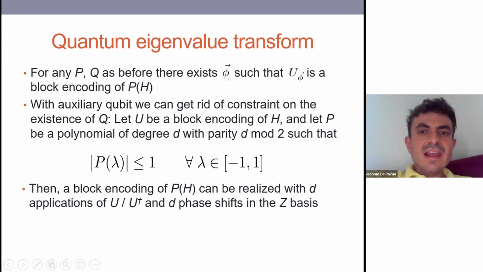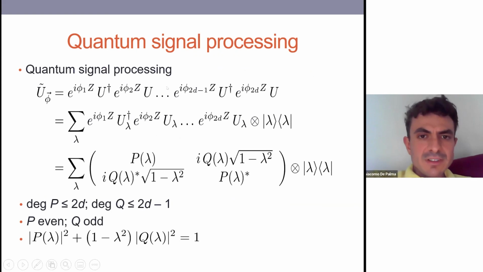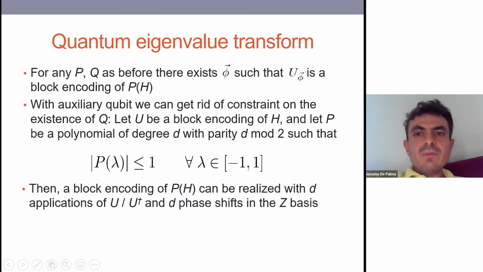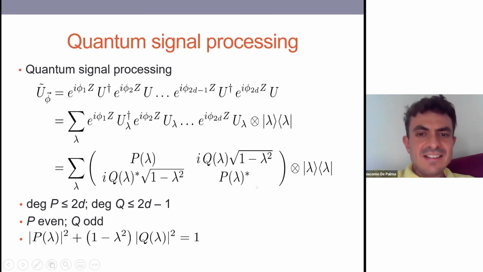then there will exist some phases to be put in here, such that U tilde has exactly this form here with P and Q. So the polynomials with these properties exactly identify the set of polynomials that you can get.